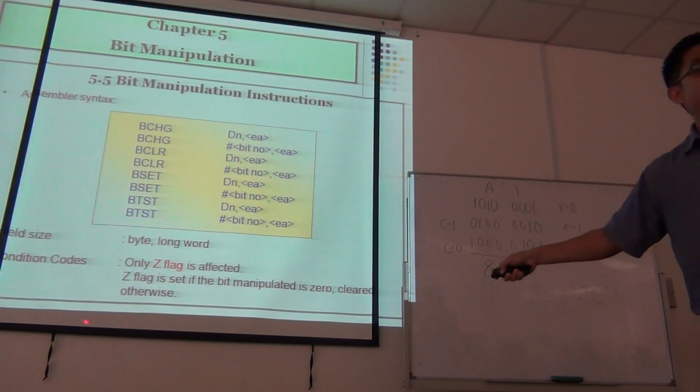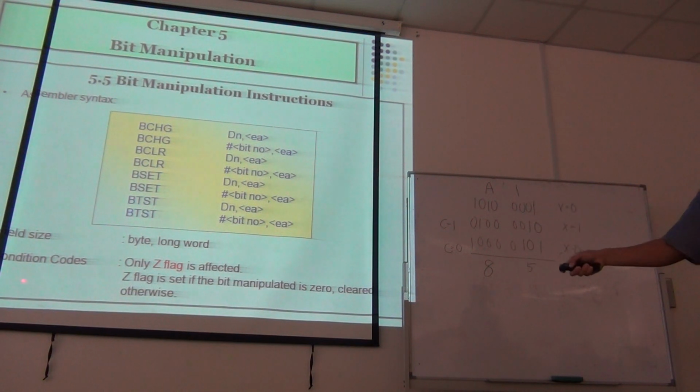For these types of command, you need to refer to one flag only, which is the Z flag, the zero flag. First test and change, and then clear, and then set or test. So let's try the first one, bit change.